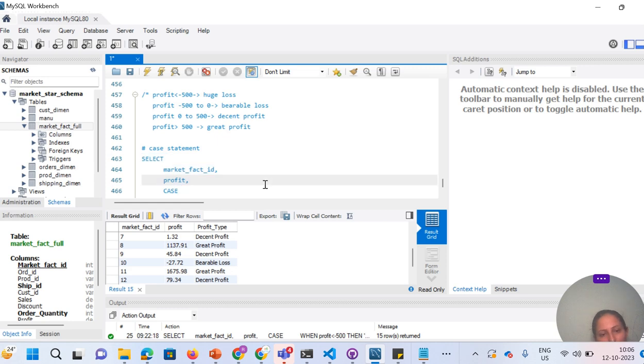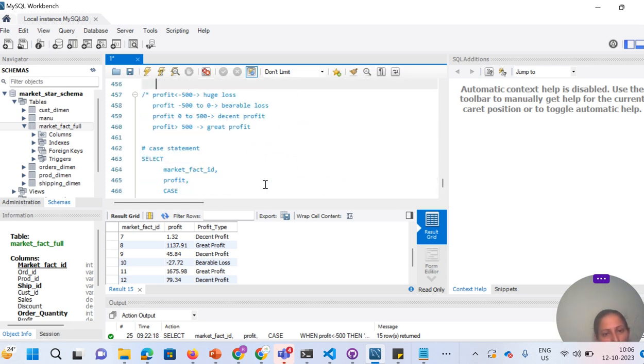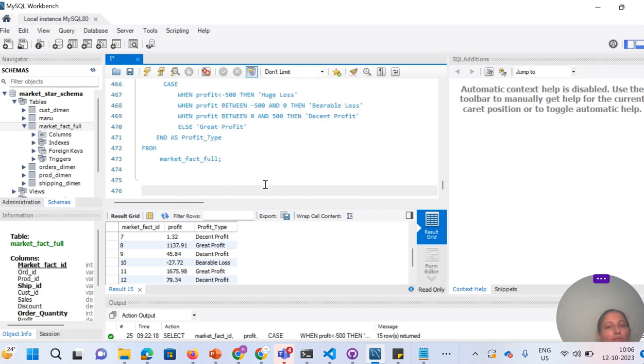If you go through all this, you will feel it's easy to write and to use for different conditions and give names to different values like decent profit, great profit, bearable loss. So it's very readable. I hope you got the use of CASE and how to use it in MySQL for different conditions.